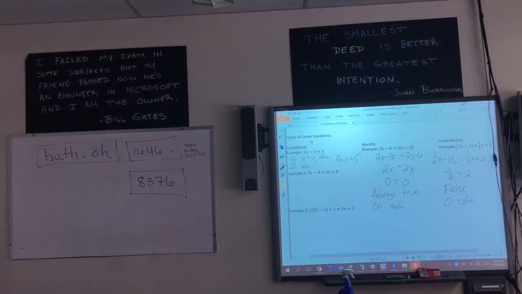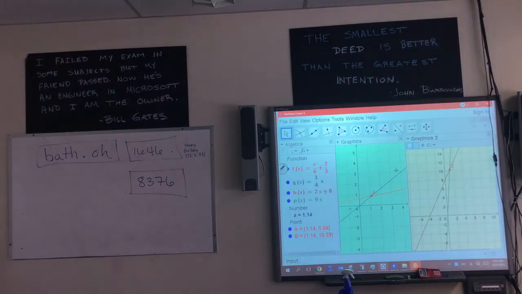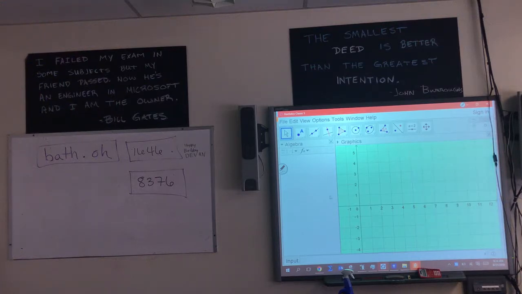When I solve an equation, there is no y here, so I don't really care about what y is, but I can use the same approach. I'm going to grab a calculator. It doesn't matter what type of calculator. I'll show you a couple different ones on how you can do this. I'm just going to type in y equals 2x minus 1, and then y equals 5.